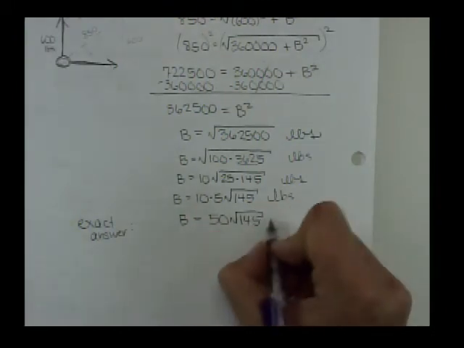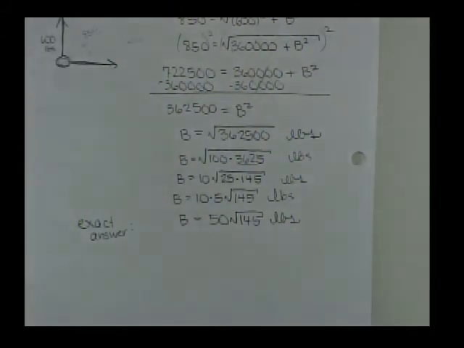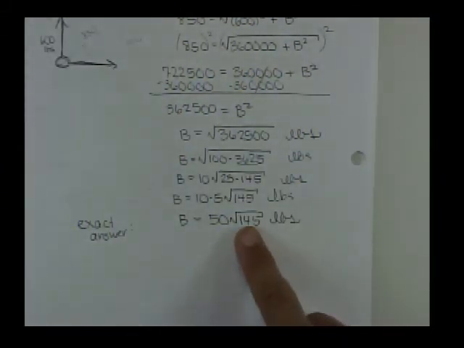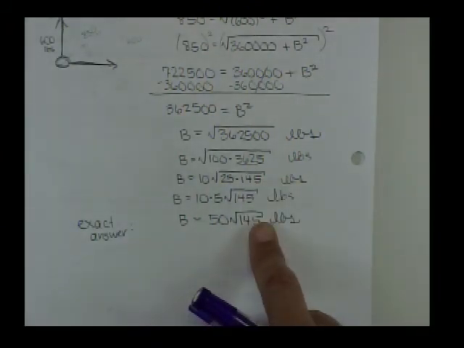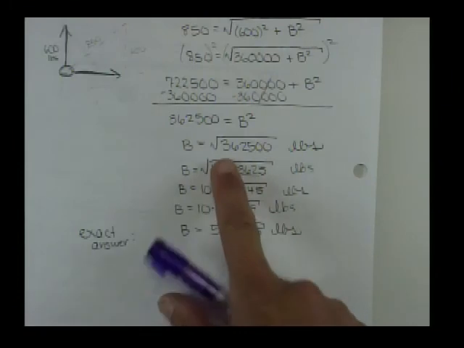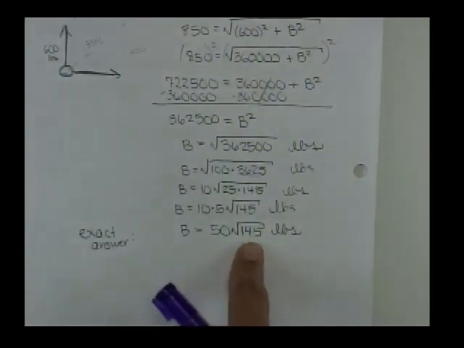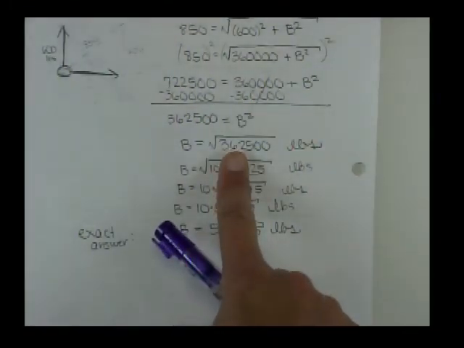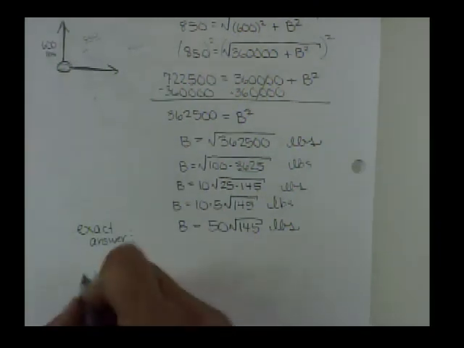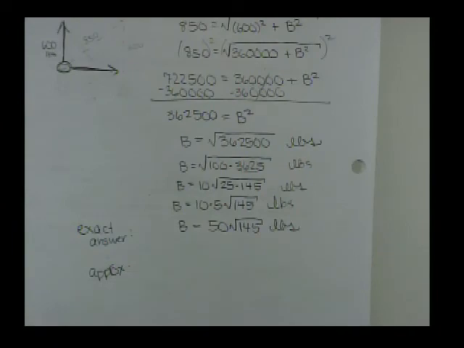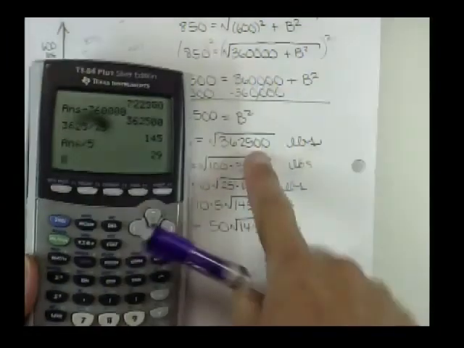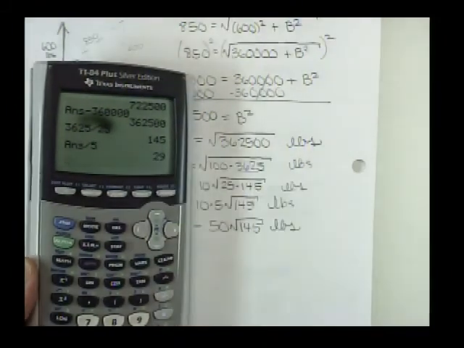If at the very beginning they said just approximate your answer to the nearest whole number, I wouldn't have even bothered going through simplifying. I only go through simplifying if they ask me for an exact answer. If they're going to ask you to use your calculator anyway at the end, why not just use it at the beginning? So if they had just asked for an approximation, and I'll say the nearest whole number this time since these are pretty big, we'll make sure we get the same answer either way.